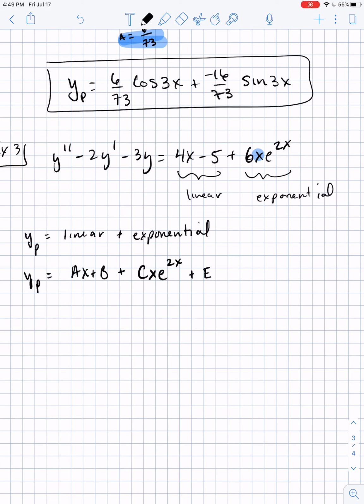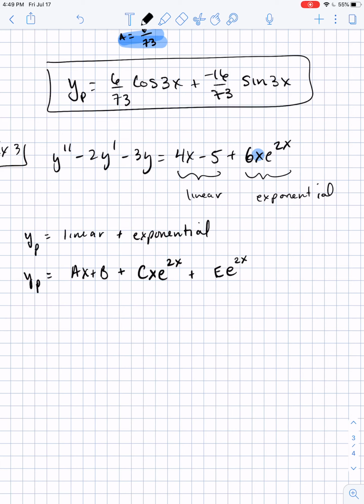Plus, I'm going to use d, but you could use a different letter because that kind of looks like a 0, so I'm going to use capital E, and then lowercase e to the 2x. That is your particular solution. That's the way it should look.